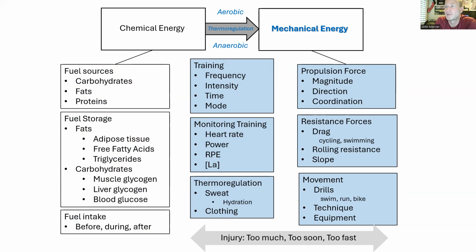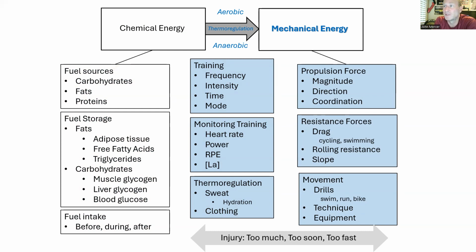We've talked about that. And we haven't talked so much about coordination, but we have talked about coordination and the importance of being able to coordinate muscles to generate the right type of propulsive force. And a lot of times when we're learning a skill, we actually are very uncoordinated.